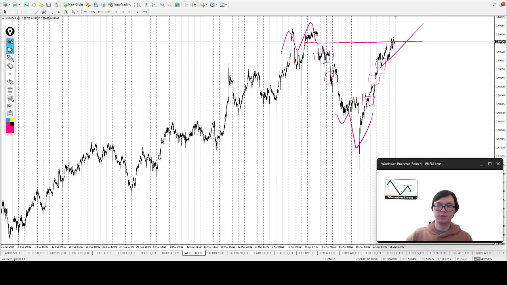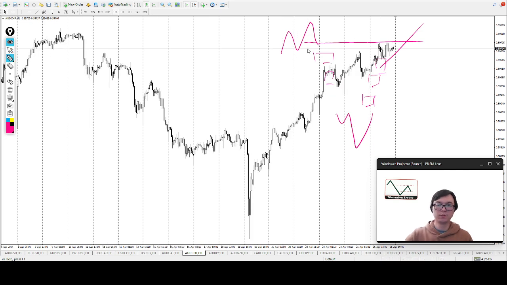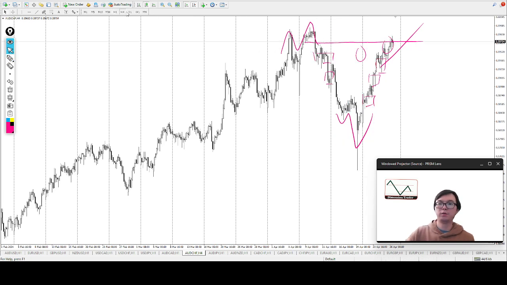For the candlestick, we see rejection, and rejection, but a big wick right here pushing up.